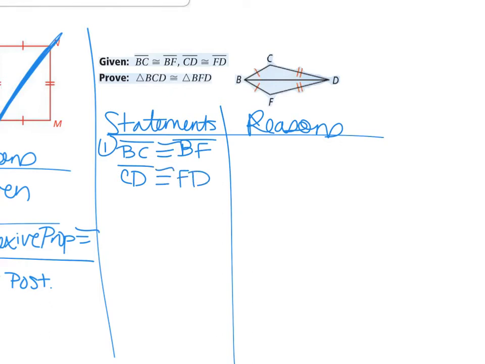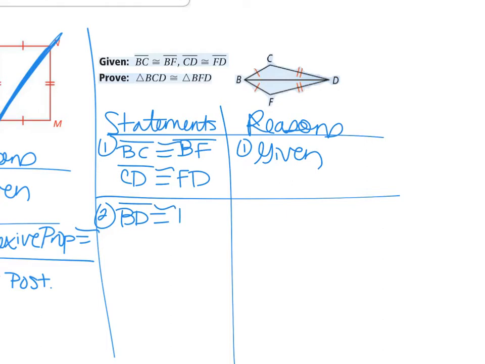The reason is given. They just told us that we have 2 sets of sides that are congruent. So what do we need in order to prove that these 2 triangles are congruent to each other? Just that last side, BD is congruent to BD.